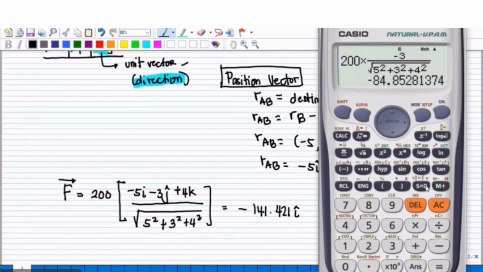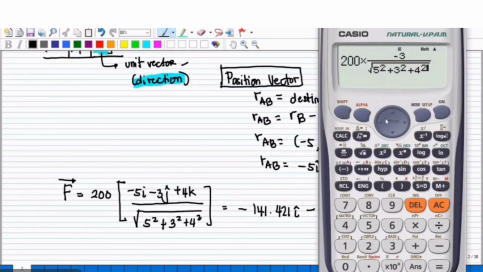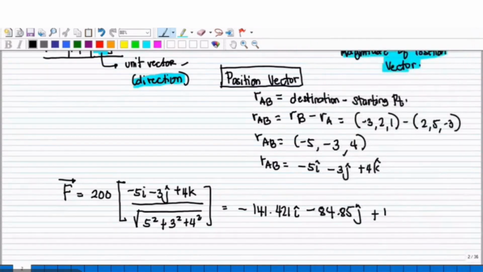So, yan. So, this is negative 84.85. This is in the y direction or j. Okay? Next, 4 naman po. Edit natin. Okay. So, yan. So, that is 113.137. So, plus 113.137. So, this is k.